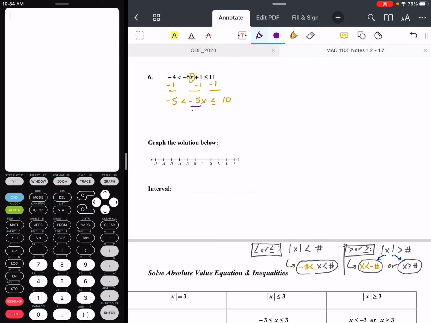And now I'm going to divide by my constant negative 5 to continue isolating x. But notice that when I divide by this negative constant, I'm going to also flip my inequalities, right? So on the left, I have positive 1 greater than, and I just have x in the middle, greater than or equal to negative 2.